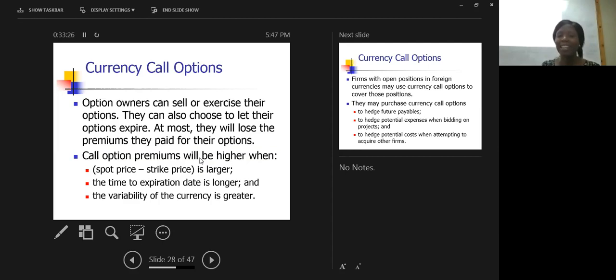The premium is higher when there's a greater disparity between the spot and the strike, meaning the spot is way above the strike, when the time to expiration is longer, because there is a greater likelihood that the underlying would hit the strike, and when there's a lot of volatility in the currency. The greater the volatility, the greater the likelihood that the underlying would hit the strike, right?